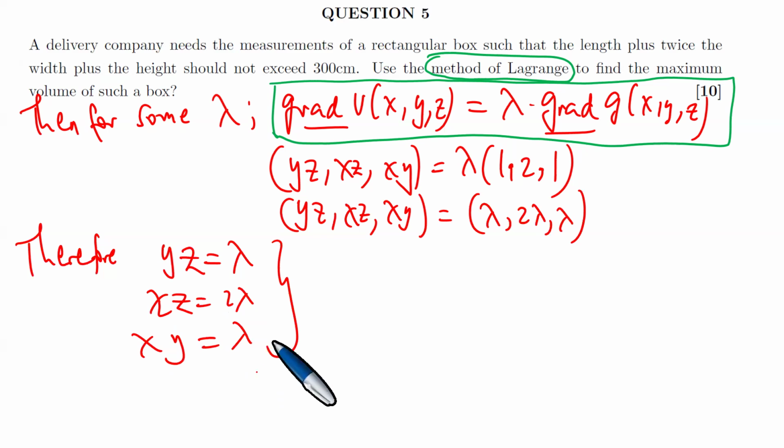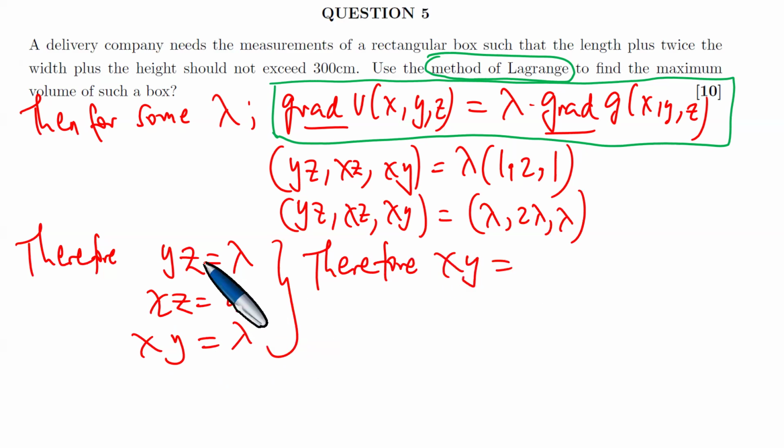What is all this? Because this one is lambda and this one is lambda, it means that xy is yz.